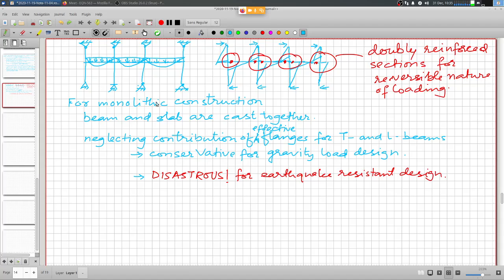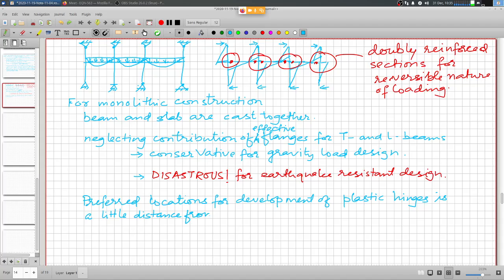I would say the preferred locations for development of plastic hinges is a little distance from the beam column face.